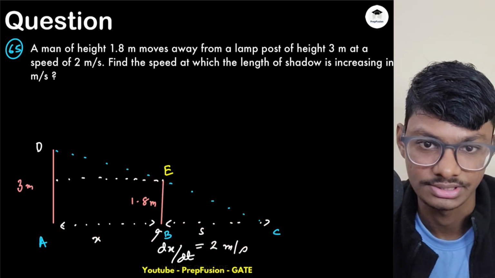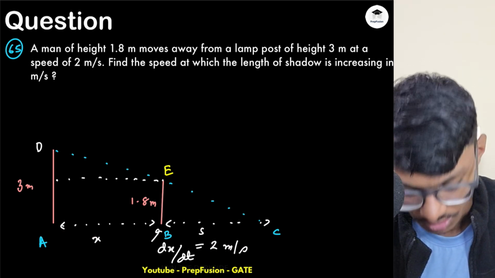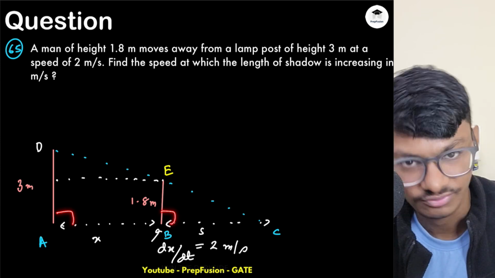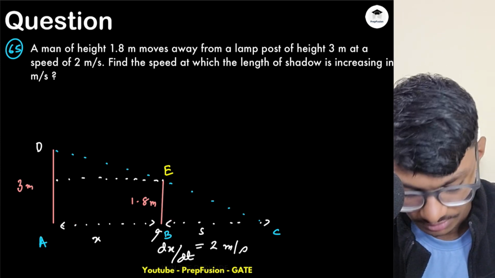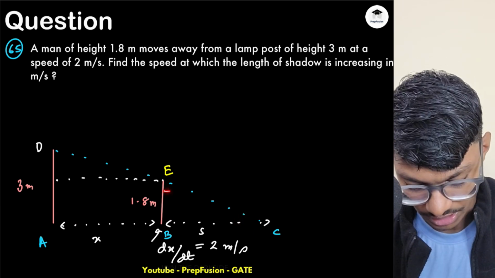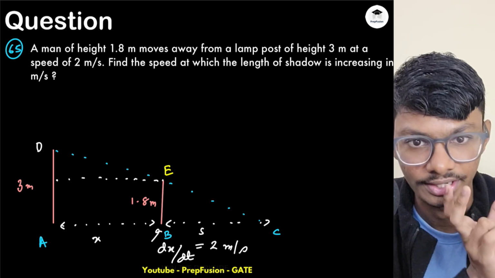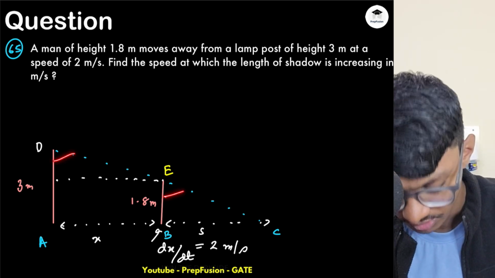Hence these triangles are similar, because both have a 90 degree angle and this angle is common, so the other angle will also be the same, because the summation of all the angles of a triangle is 180 degrees.